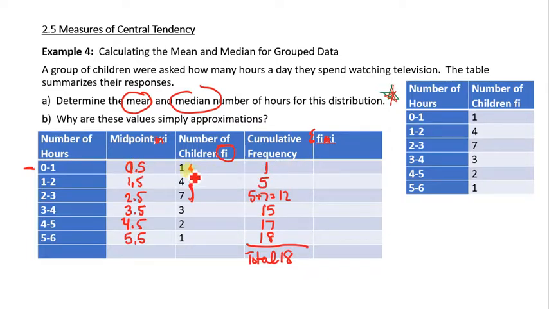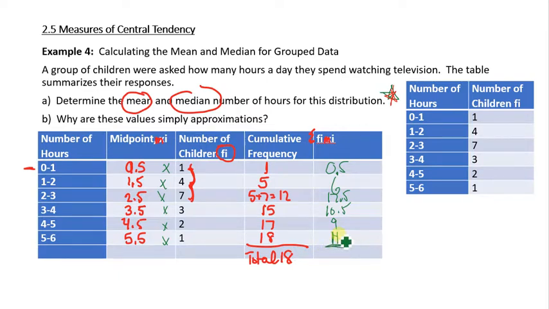So 0.5 times 1, I get 0.5. 1.5 times 4, I get 6. 2.5 times 7, I get 17.5. We're going to multiply all these. 3.5 times 3, I get 10.5. 4.5 times 2, I get 9. And 5.5 times 1, I get 11.